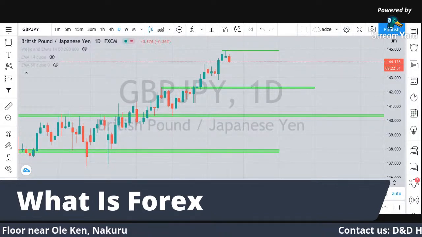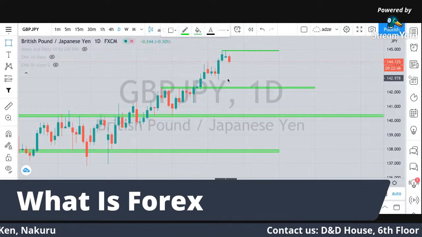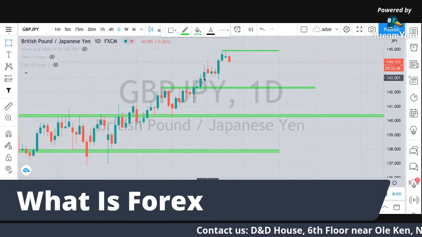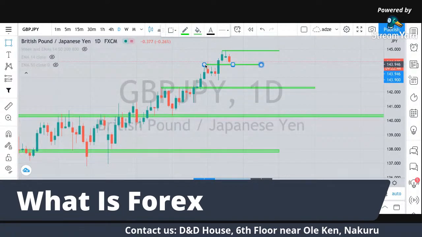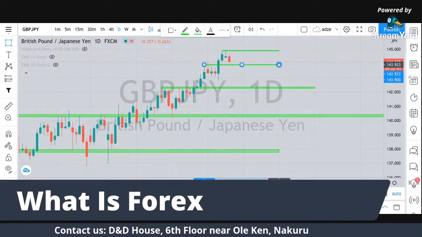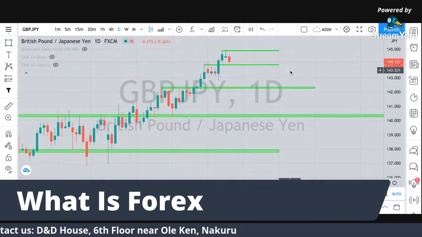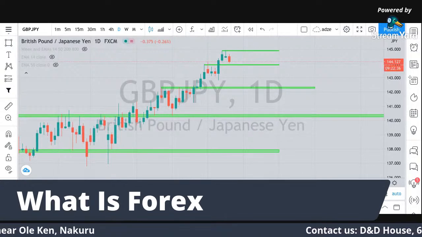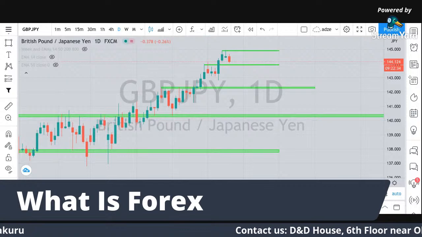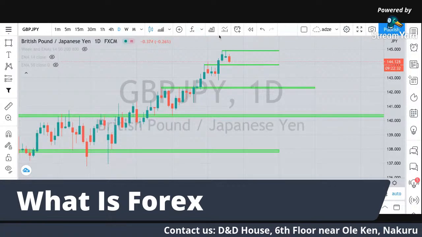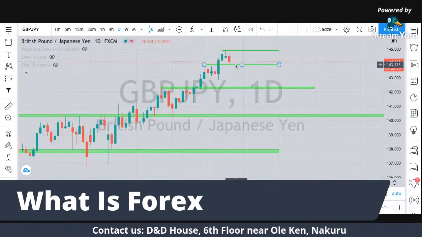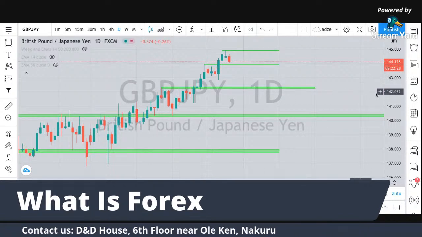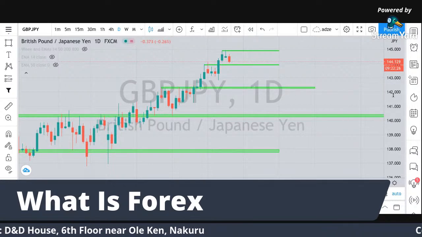And price is doing a correction for now up to this particular zone. It's an interesting zone because it is an institutional level of 1.4. If you know about central banks and other hedge funds, they usually operate at institutional levels. Look at this, price was consolidating at 142.0.